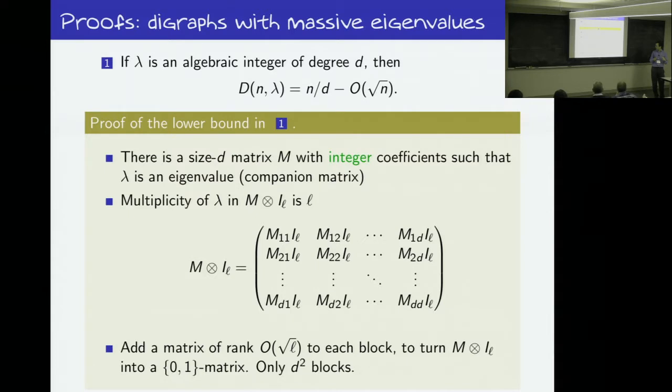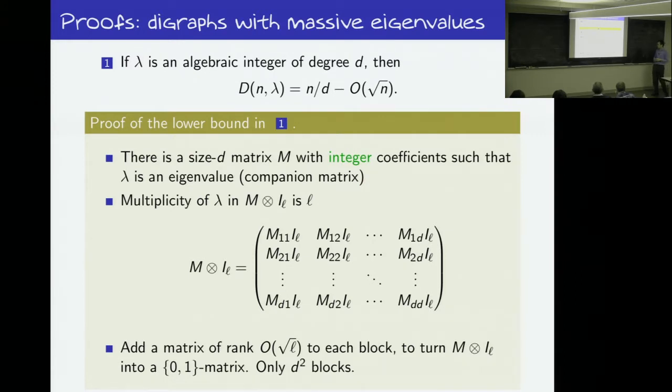The way I do it is by perturbing each of these blocks by a matrix of small rank. If I take a matrix which has lambda as an eigenvalue with some multiplicity, and I add to it a matrix of some small rank R, the multiplicity will change by at most R, because rank is subadditive.